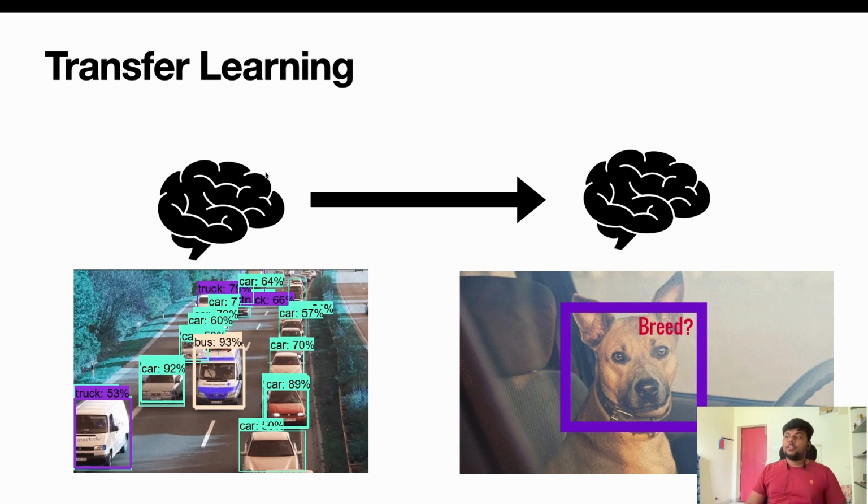Okay, in this, as you see here, we have this model to predict vehicles. As you see here, this one is a bus, car, truck. So this model, you can directly convert into a dog breed detection model.